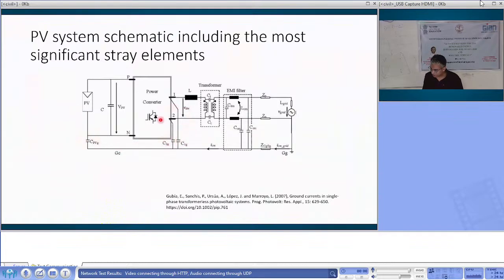See the capacitances between this terminal and the ground. So this capacitance with this terminal and ground. And you can see here the transformer.